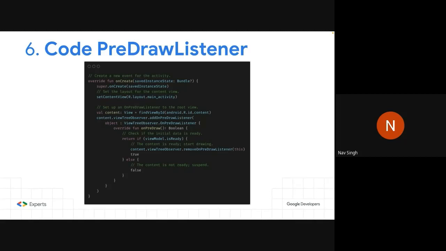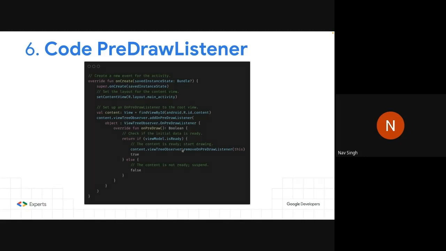In your case, isReady might be your API call, your loading, or maybe you are using some kind of live data that you can observe here, and when it's done, you return true. And if you see here, when you return true, you need to remove this PreDrawListener, and that's it.